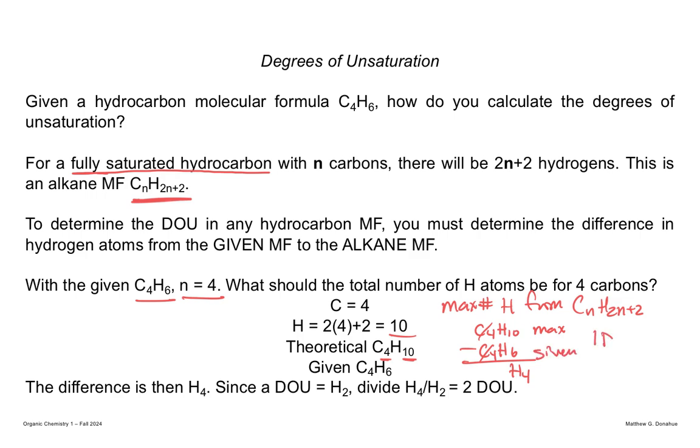And 1 degree of unsaturation is defined as H2. Because remember when we were going from an alkane to an alkene, and we stripped out an equivalent of H2. So we're going to take our H4, divide by H2, and that's going to give us 2 degrees of unsaturation.